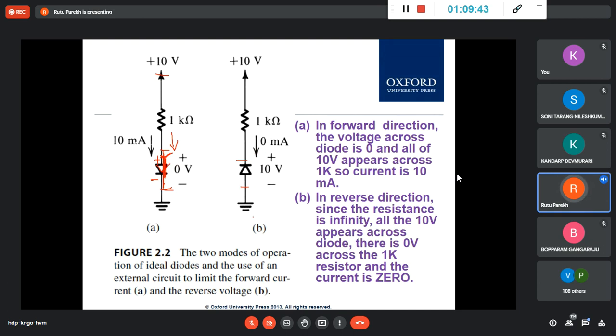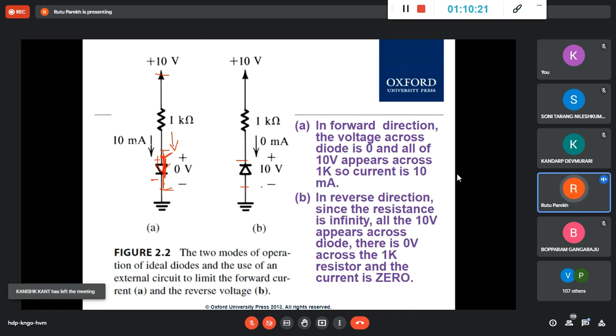I is equal to 0, and all this voltage will appear across this diode. If you write the loop equation, this voltage plus this voltage plus this voltage is equal to 0. There is no current flowing, so the drop here is 0. I is 0, so across the resistor there is no voltage drop. So all the voltage drop will be across this diode, 10 volt.